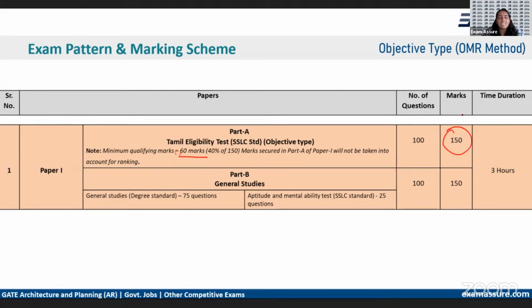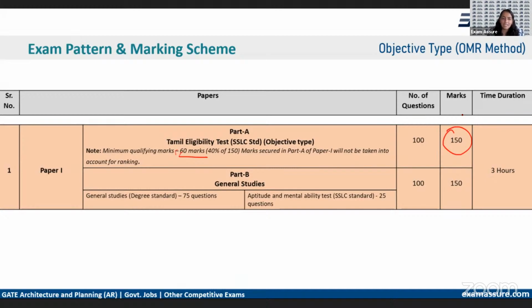If you have 60 marks or more in this part A, then only your part B of paper 1, that is the general studies paper, and paper 2 will be taken for correction or checking. So here part A is only of qualifying nature.